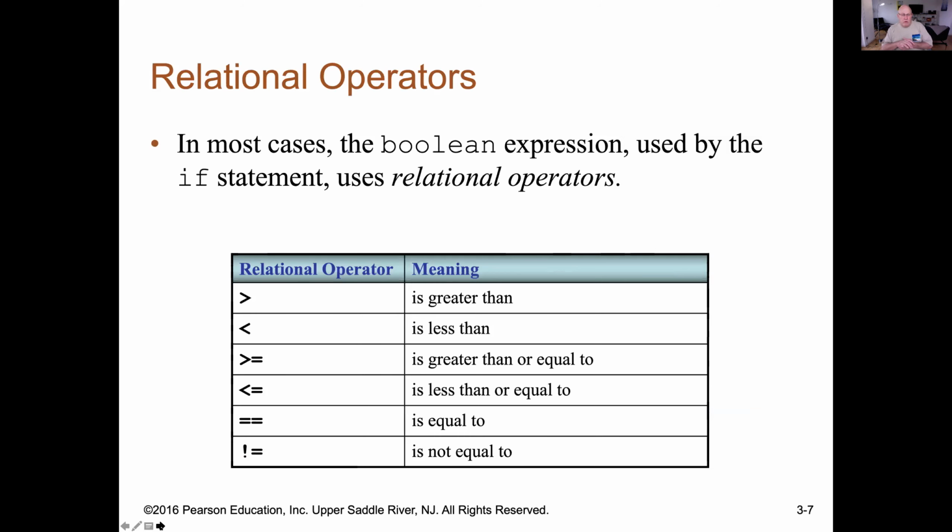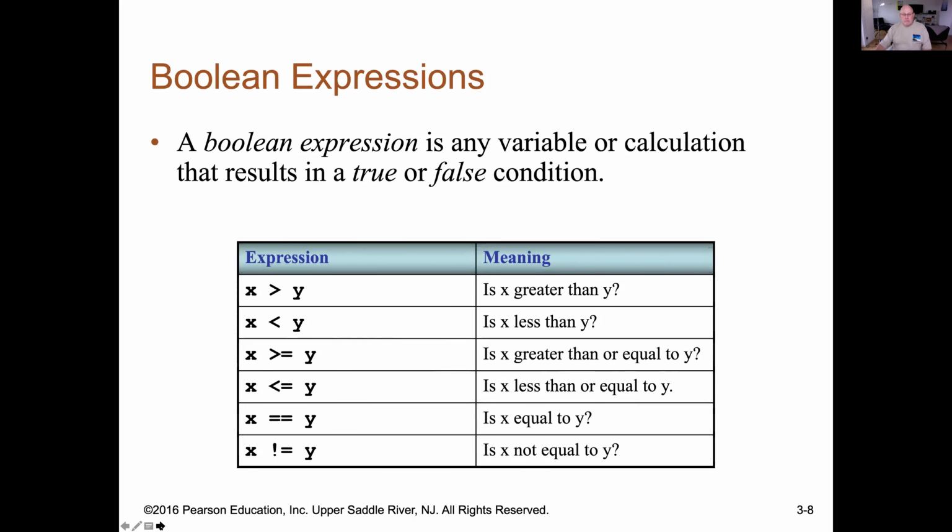So what are relational operators? Most cases, the Boolean expression used by the if statement uses relational operators: greater than, less than, greater than or equal to, less than or equal to, is equal to, is not equal to. A Boolean expression is any variable or calculation that results in a true or false condition.